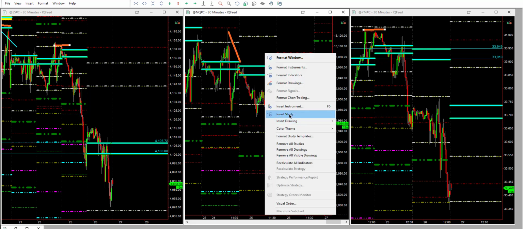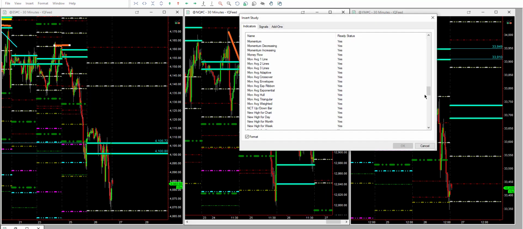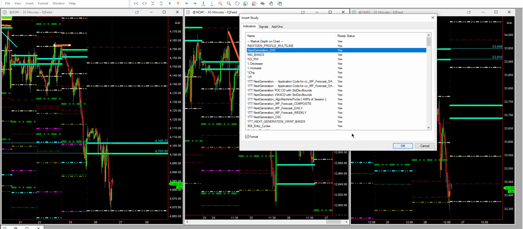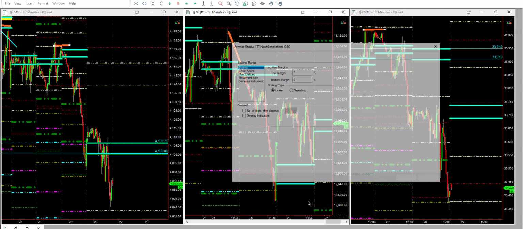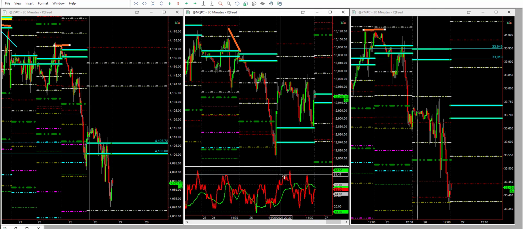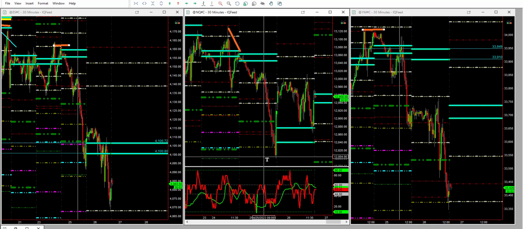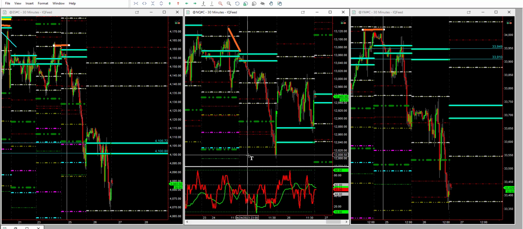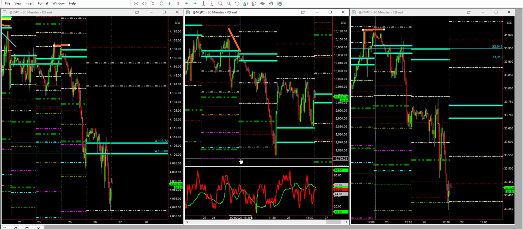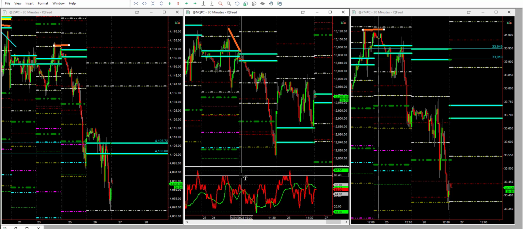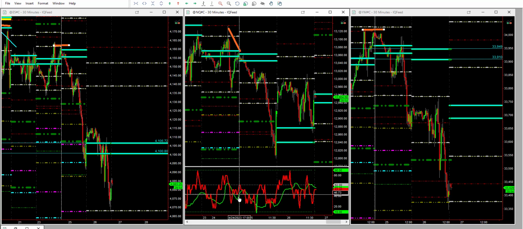Now, if we add our oscillator here, we can see if there's any opportunity to short.